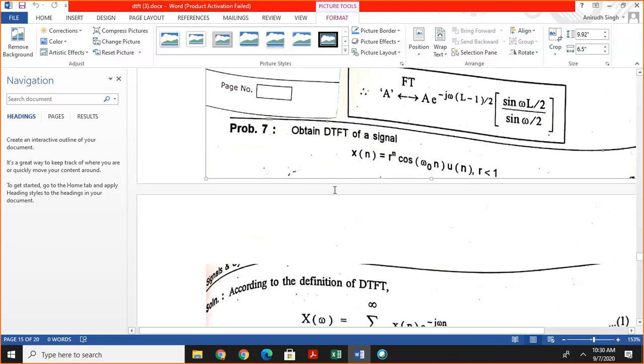Next question is: obtain DTFT of a signal x of n is equal to r raised to the power n cos omega naught n u of n, when r is less than 1.